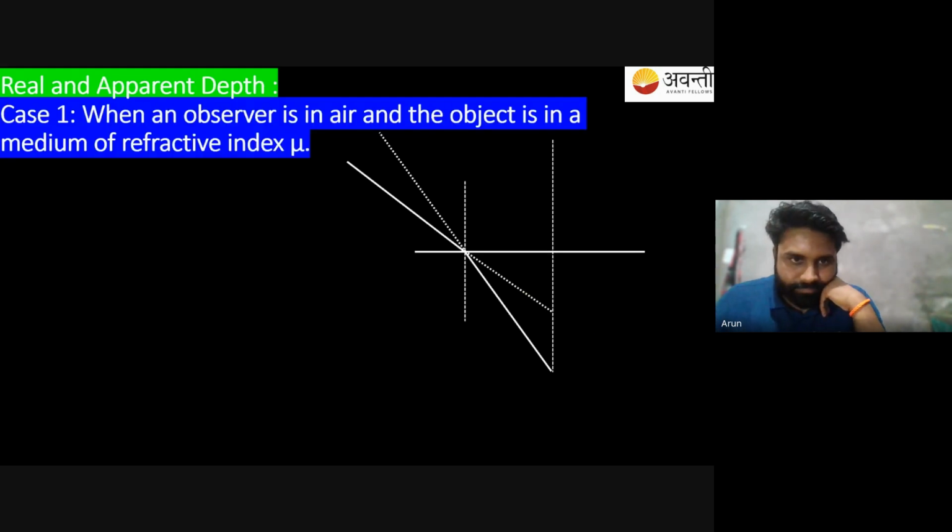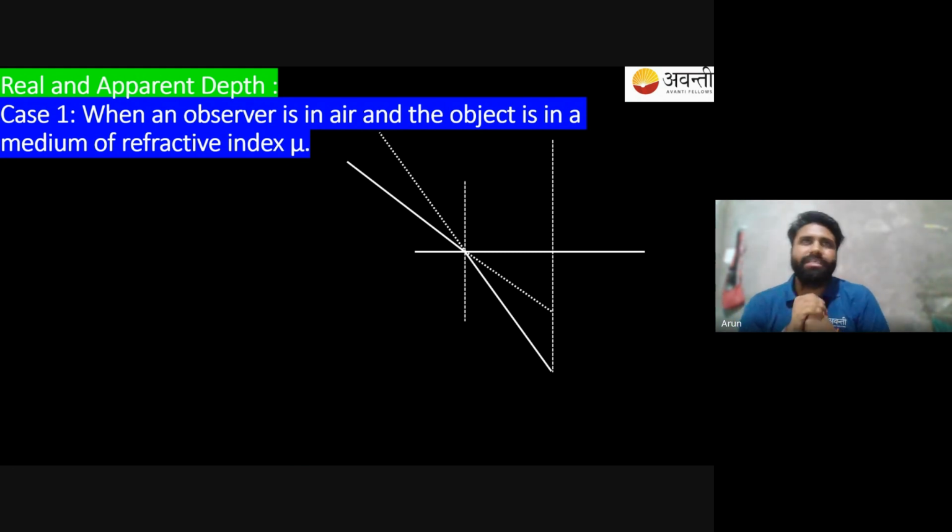Got it? Now, real and apparent depth we are going to talk about. What is the real depth and the apparent depth? Whenever the object and observer are placed in different media and they observe their position, there is a shift in the actual image.